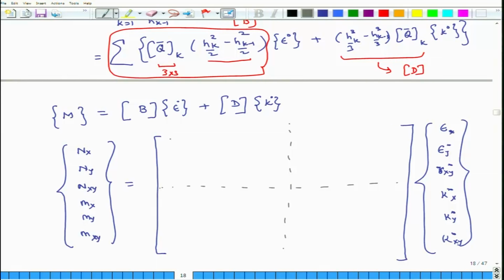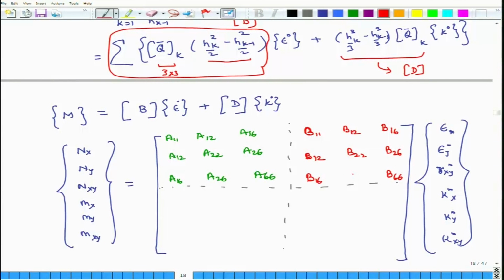In the first quadrant we have A matrix terms, in the second we have B matrix, in the third quadrant we again have B matrix, and in the fourth quadrant we have a D matrix.